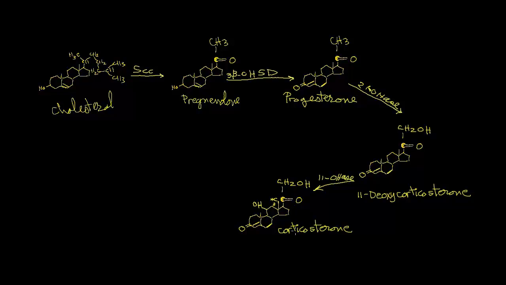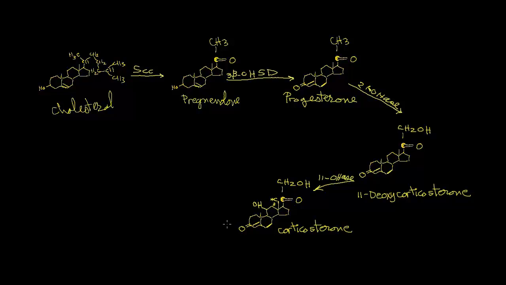So when we reach corticosterone, we are only 2 steps away from the production of aldosterone. And these 2 steps are catalyzed by aldosterone synthase, which is present only in zona glomerulosa and is not present in zona fasciculata reticularis. And this is why aldosterone is not produced in this combined layer of zona fasciculata reticularis. So, as I mentioned, we are only 2 steps away from aldosterone biosynthesis.